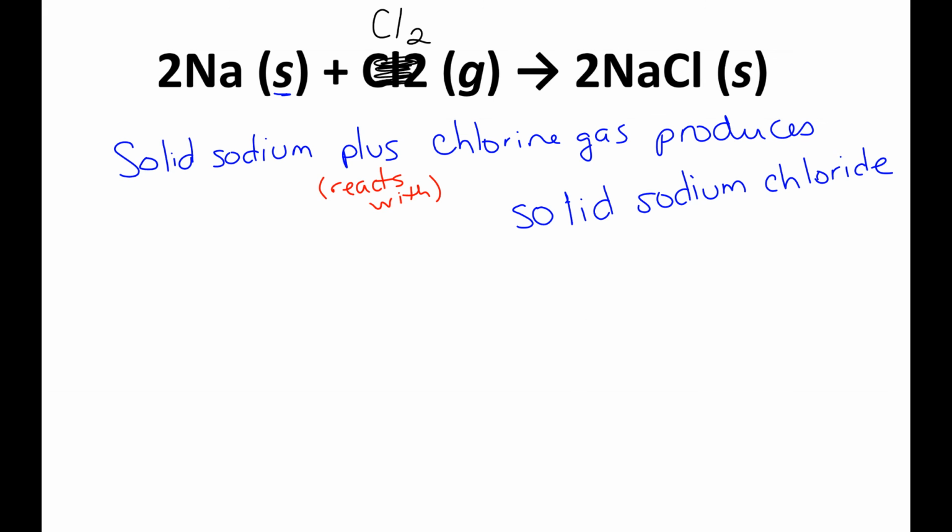So solid sodium reacts with chlorine gas to produce, or produces. If you're using reacts with, you have to say to produce, whichever makes more grammatical sense. So solid sodium plus chlorine gas produces solid sodium chloride. Hopefully that's pretty easy, but that's all there is.